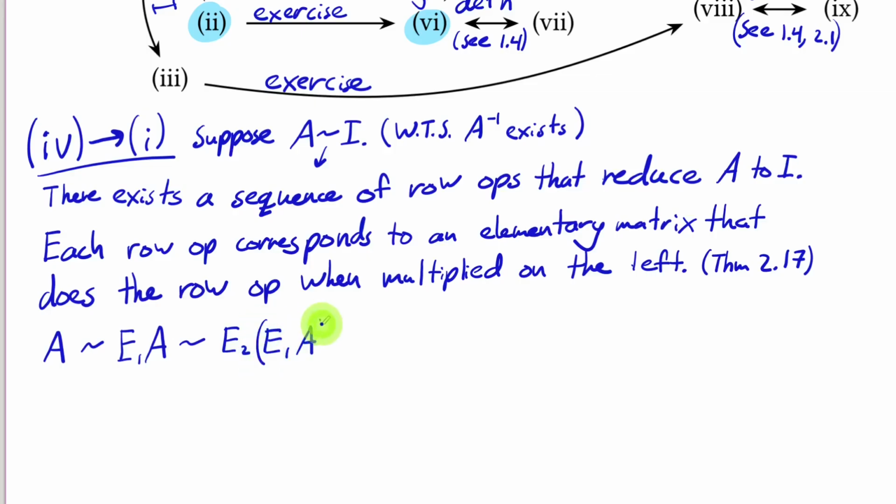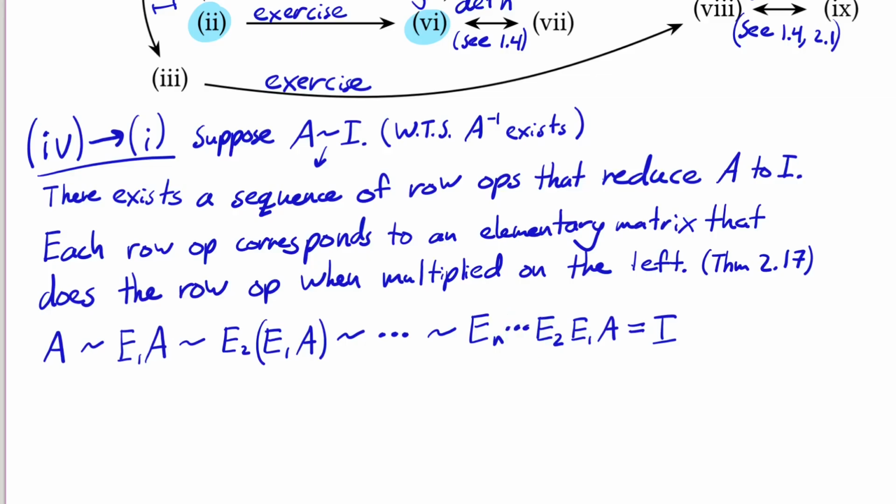Here's the result of doing the second operation after doing the first operation to A. And we keep doing this until we get the result of n of the operations. I don't know how many there are. And they're all multiplied in the right order by A, and we know that is going to be equal to the identity.